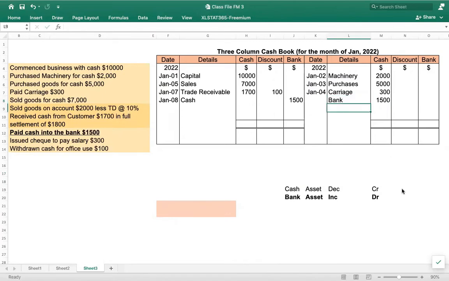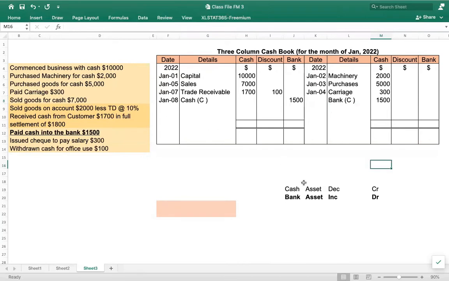I hope you understood the recording. And as this transaction is recorded on both the sides, it is known as contra entry. So I will put here C. C stands for contra entry. We will discuss it in detail later.